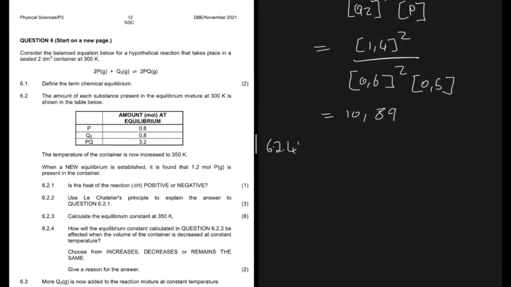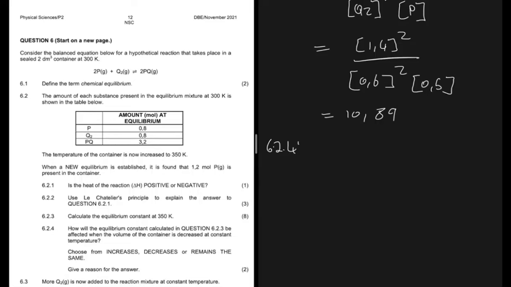Let's move ahead. 6.2.4 says, how will the equilibrium constant in question 6.2.3 be affected when the volume of the container is decreased at constant temperature?